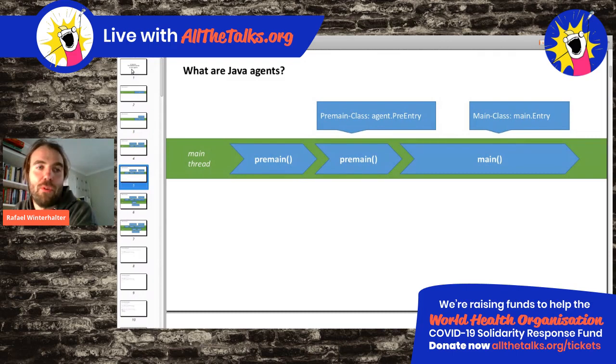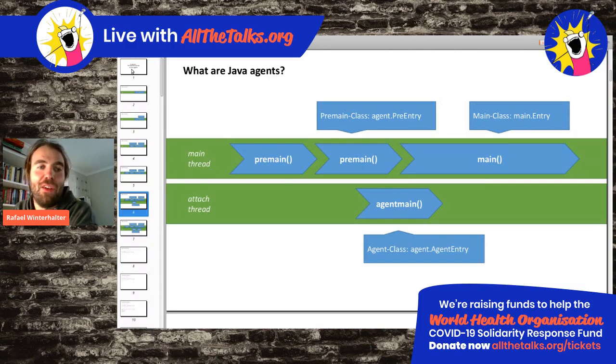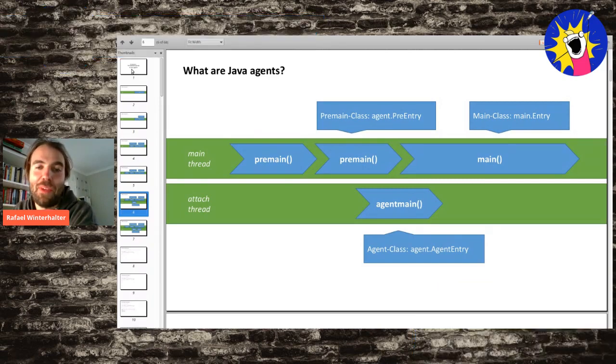An even more advanced way of using Java agents, however, is to specify so-called dynamic agents, where you can take a running Java process and you can enrich this already executing Java process while it is running with additional code. And again, you just create a jar file.